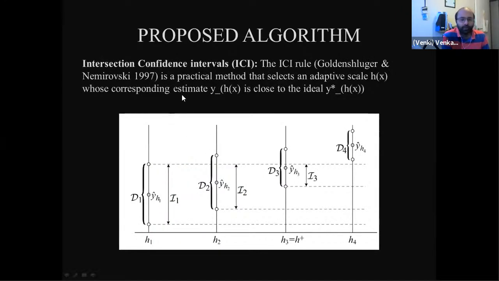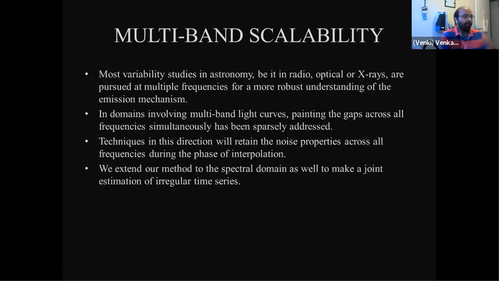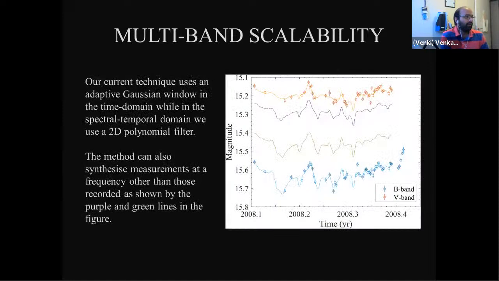As far as the intersection of confidence intervals method goes, this is a quite robust technique where you can get an adaptive estimate of the scale required for the windowing function. So as I mentioned, this is a trick that has been developed for multi-band light curves. And just to show an example here, is a light curve that we use at the B and B band.